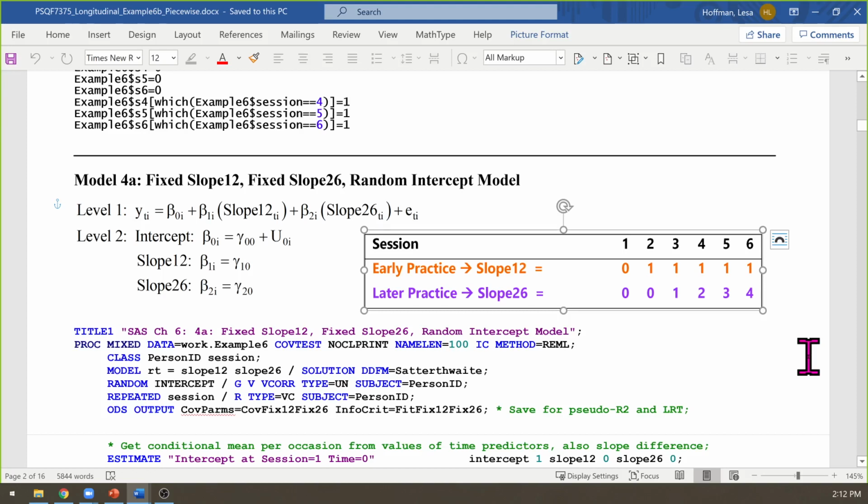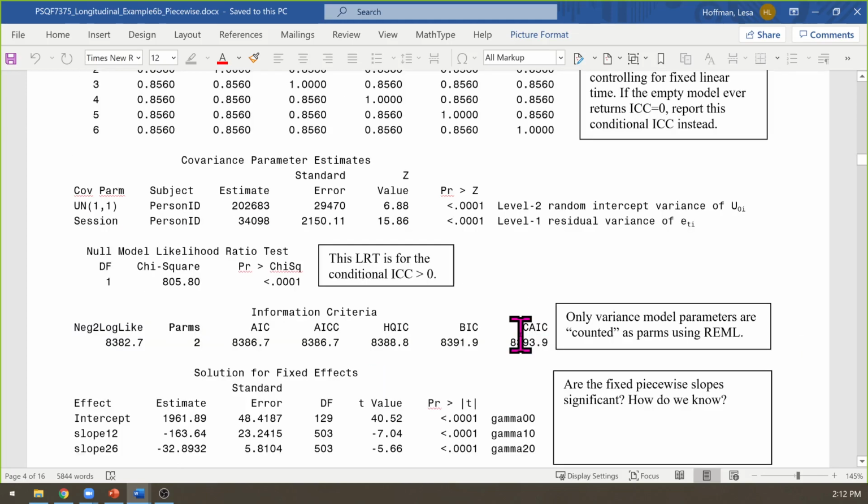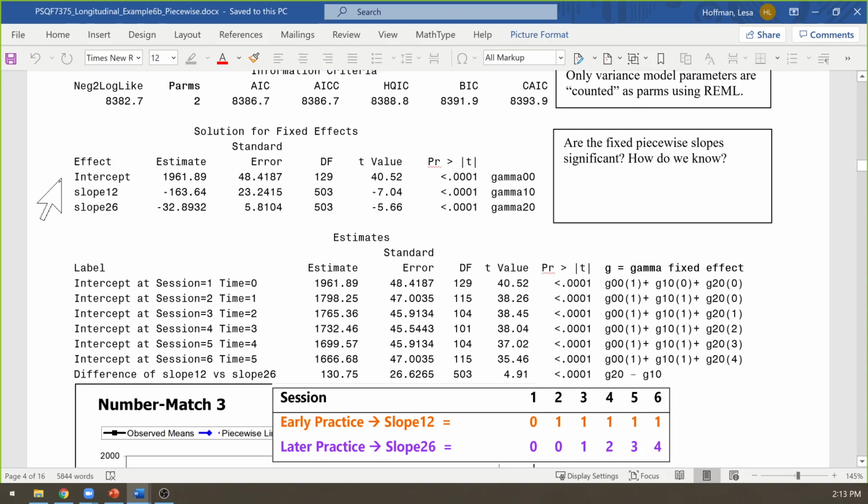And we looked at the results. At this point, we had significant change on average in our fixed effects. So from session 1 to 2, people improved about 163 milliseconds on average. After session 2, they improved about 33 milliseconds per session on average. And so then we added random slopes to that to be able to see to what extent each of those changes has individual differences.